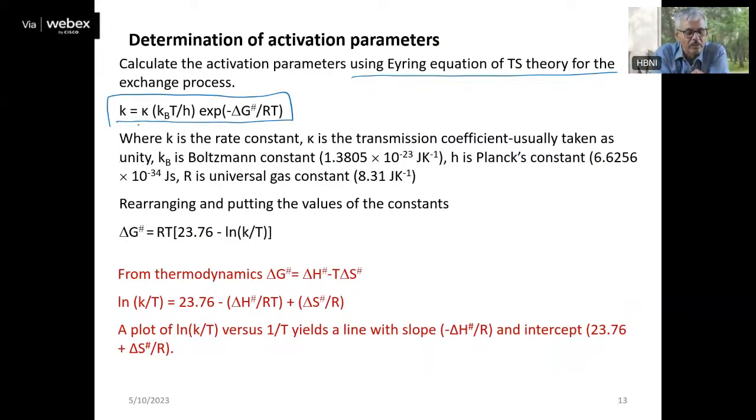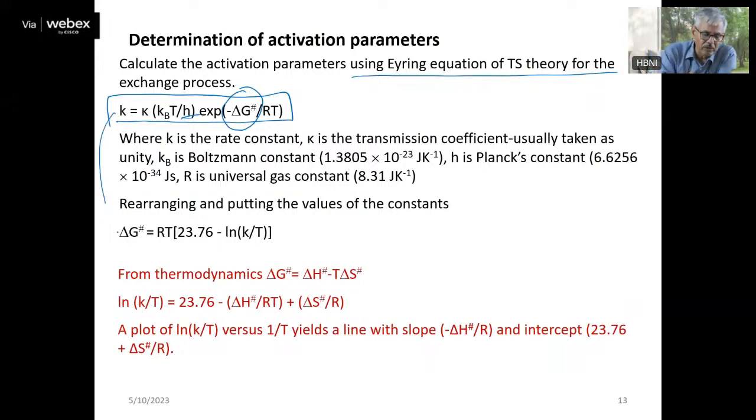The rate constant is equal to kappa times the Boltzmann constant kB times the temperature T, divided by the Planck's constant h, times exponential of minus delta G dagger over RT. Delta G dagger is the free energy of activation, and R and T are the universal gas constant and temperature.